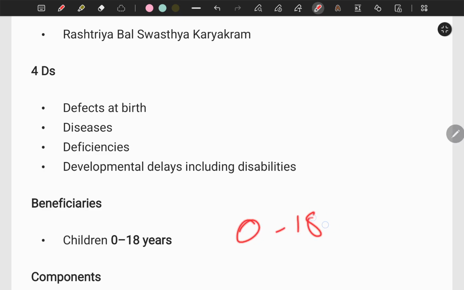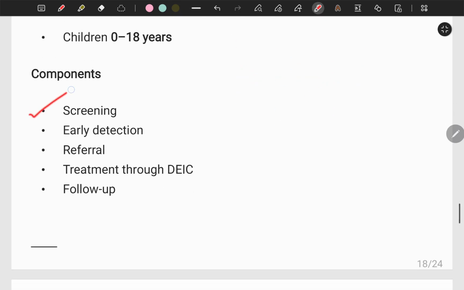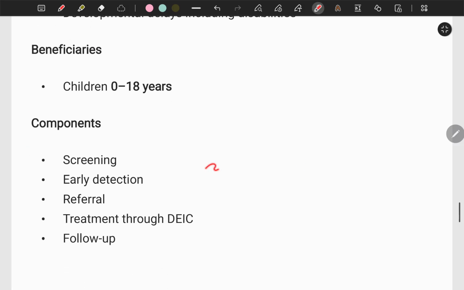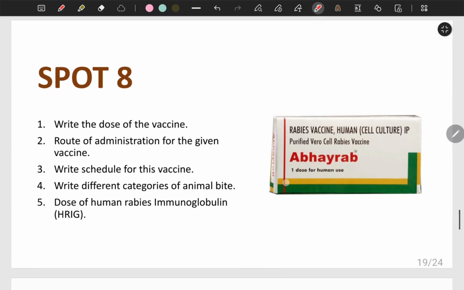Beneficiaries are children from 0 to 18 years old. Components are screening, early detection, referral, treatment through DEIC, District Early Intervention Center, and follow-up. Okay, these are the components of RBSK.